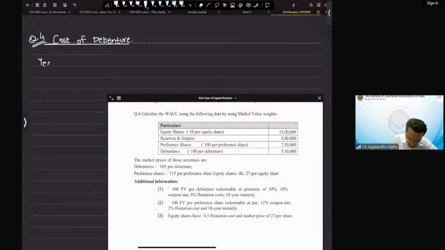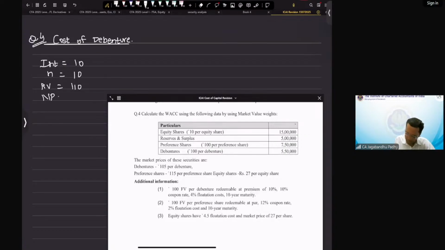So let me write down the initial terms first. What is the amount of interest in case of debentures? Debentures are having a coupon of 10%, so interest is going to be 10. Then we have the number of years to be 10. Redemption value is going to be at a premium of 10%, which is 110.